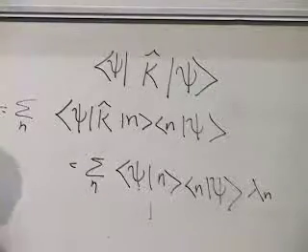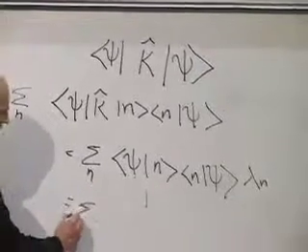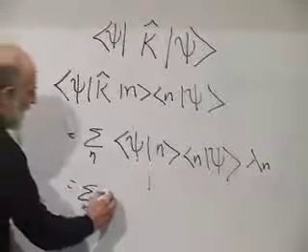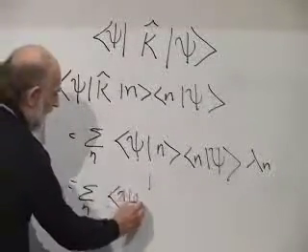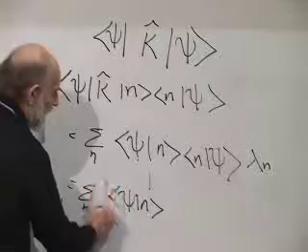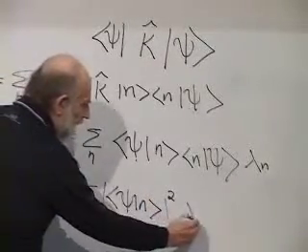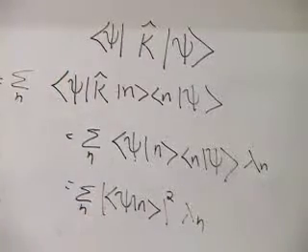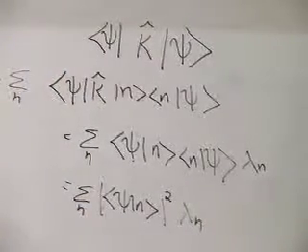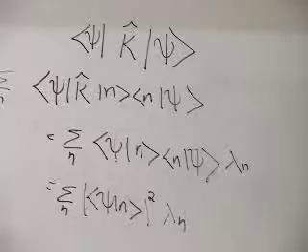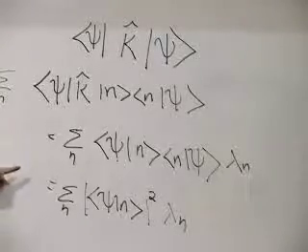This is psi n times its complex conjugate times lambda n. And what is psi n times its complex conjugate? It's a probability.